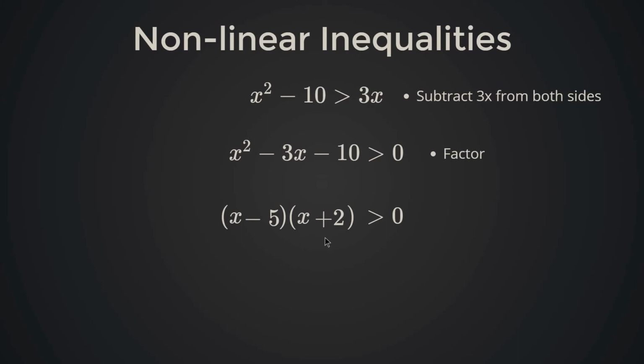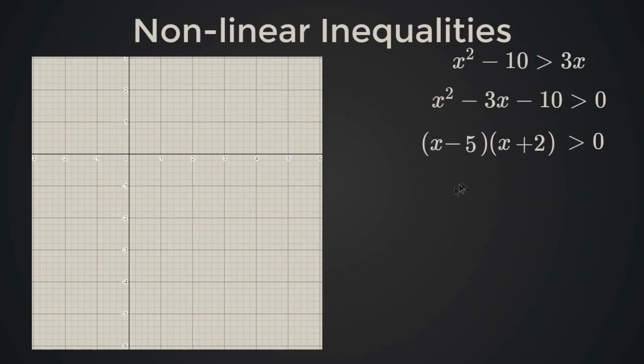So now what? Well, we have a quadratic in factored form. Factored form easily tells us the roots of the quadratic. So let's actually graph this and understand what this inequality is really asking for. If you remember, the x values that, when plugged into these brackets, make this equal to 0 would be a root or x-intercept for our graph.